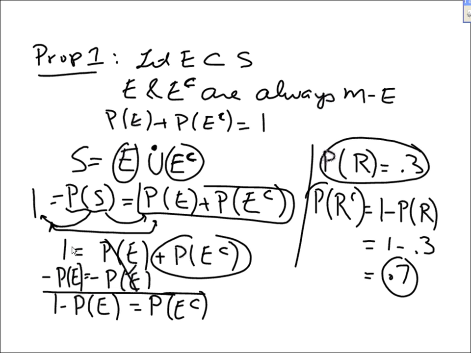The probability of any event is always between 0 and 1. That's a nice way of finding complements. If you know the probability of E is 0.4, then the probability of E complement is 1 minus 0.4, which is 0.6.